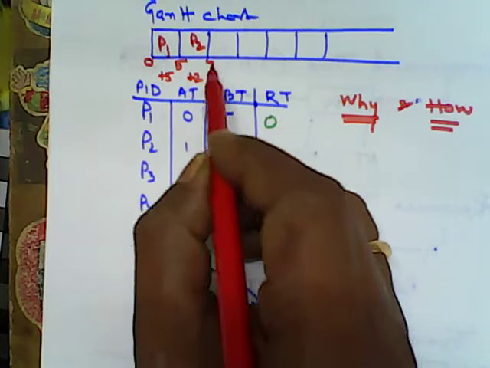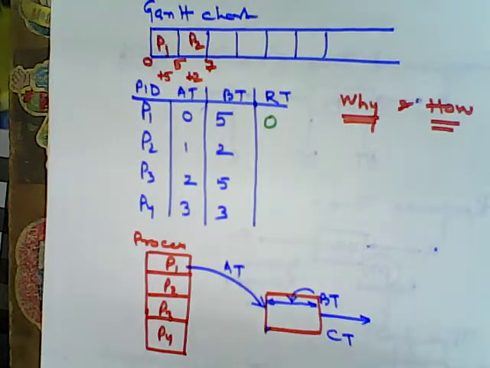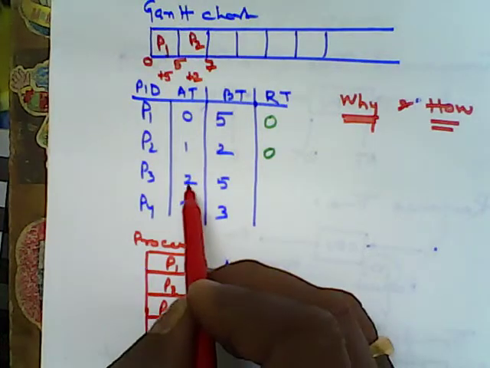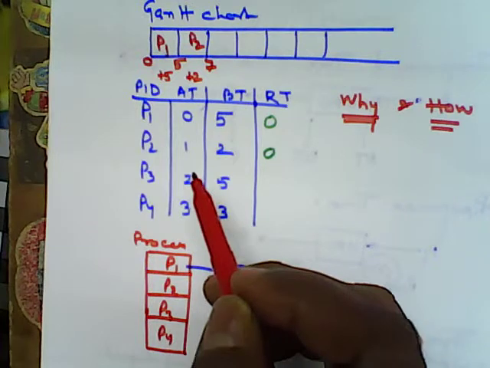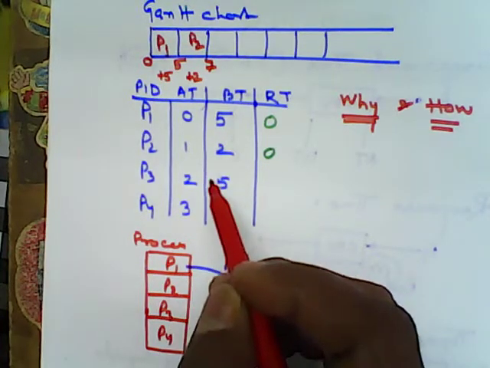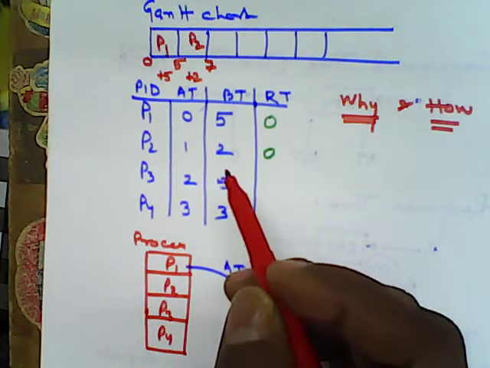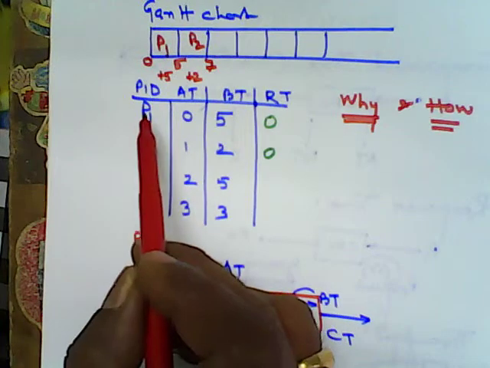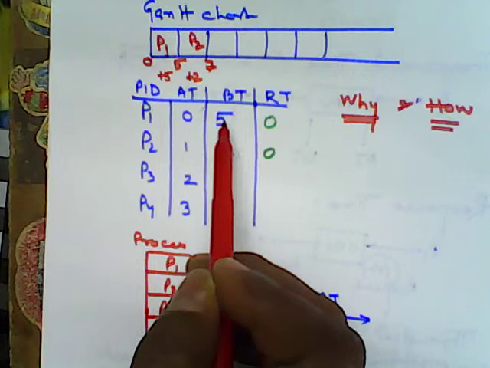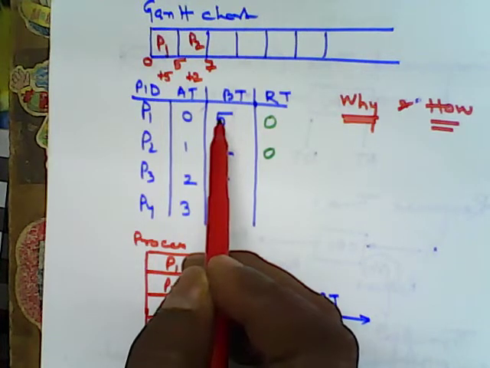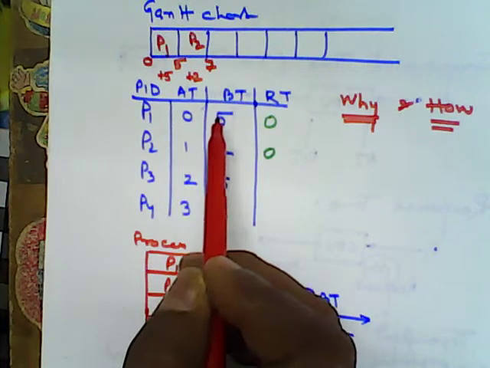The process P3 arrives. Now here one important component I want to share is this: when the process P1 was executing with a burst time of 5, that means 5 units, during that particular time, if you see this is 0 unit, 1 unit, 2 unit, 3 unit.